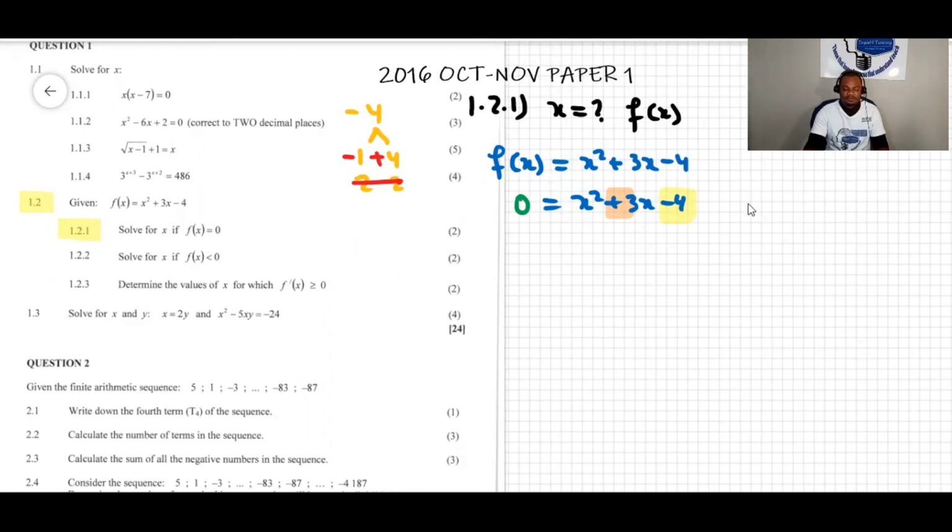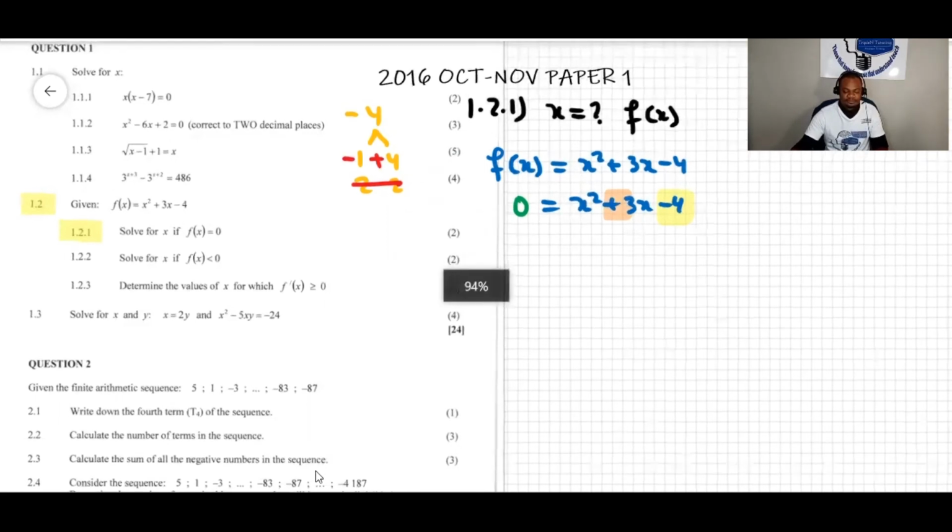That's the -4. So over here in the bracket, I'm going to write 0 equal to, okay, I can place the values then, -1 and +4.